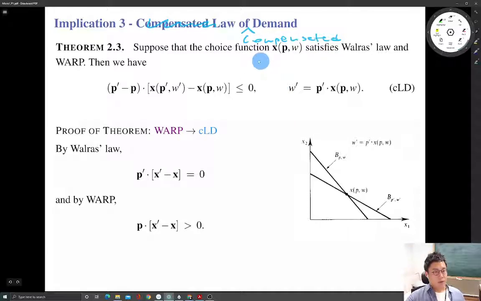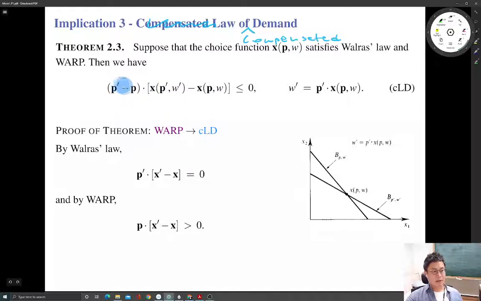All right. So this law tells us, let me read the statement first. If this choice function x satisfies Walras' law and WARP, so we have the same conditions, then we have the dot product between these two.